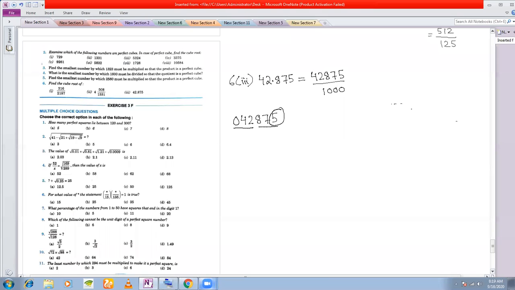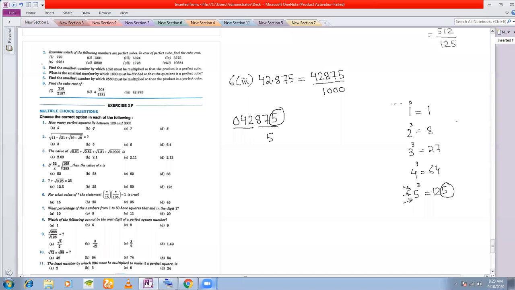So which cube number has the units digit 5? 5 cube is 125, and this has the units digit 5. So we write a 5 here.